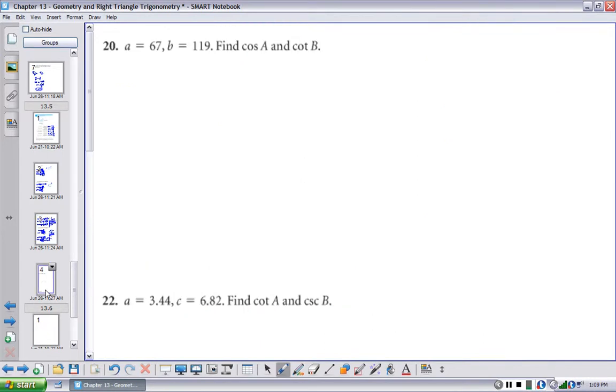Let's look at another problem. Again, same triangle setup.